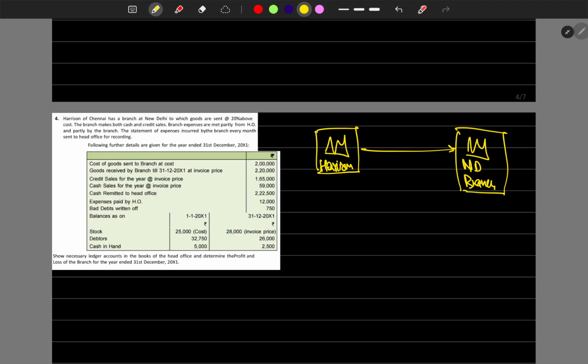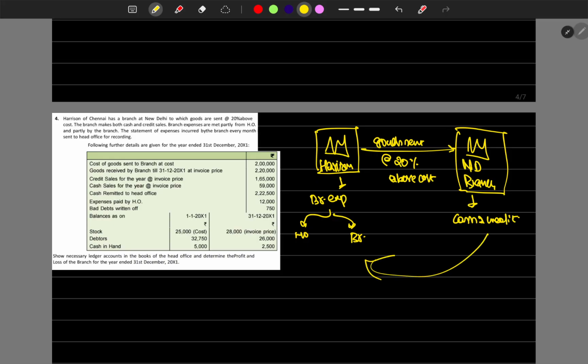Goods sent at 20% above cost. Okay, they have sent the goods at invoice price. The branch makes both cash and credit sales. Branch expenses are partly paid by HO, partly by the branch itself. Okay, the statement of expenses incurred by the branch every month is sent to head office for recording. The expenses will be periodically transferred to head office.